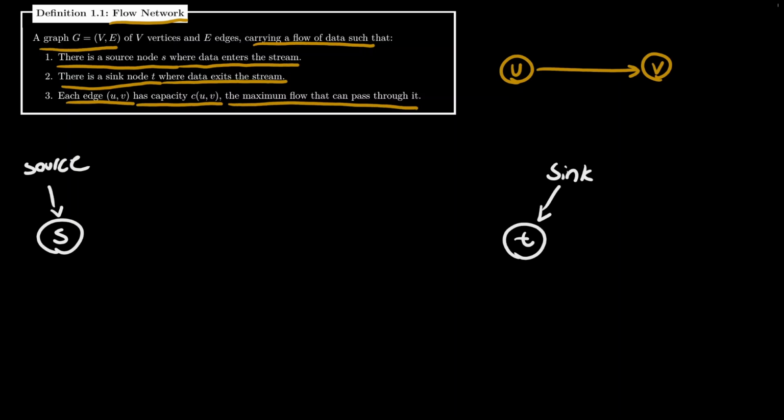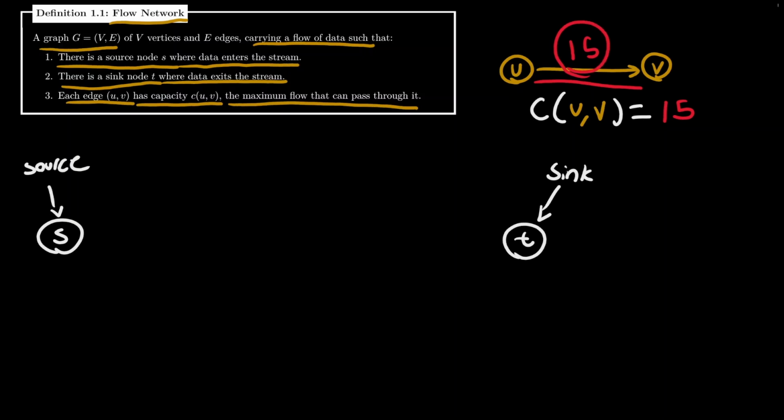If the connection between them had a capacity of 15, then putting this into the function c(u, v) would give the capacity of 15. So when we put these through the function, it just returns the capacity that it has.